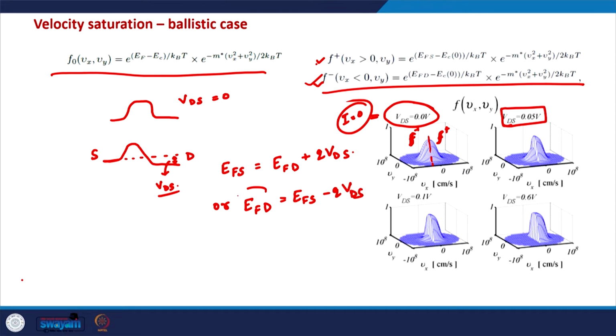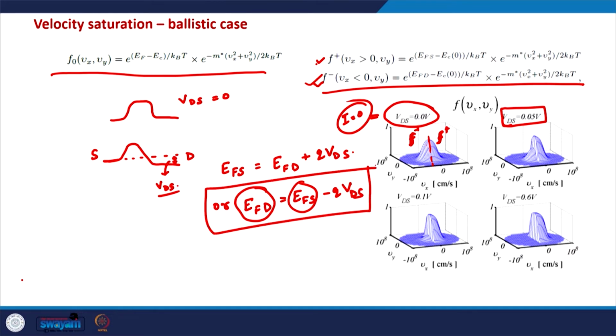So this EFD is smaller than EFS when there is a non-zero VDS applied across the ballistic MOSFET. So in that case, as expected from this equation, when EFD is smaller than EFS, this F minus values will be smaller than the F plus values.